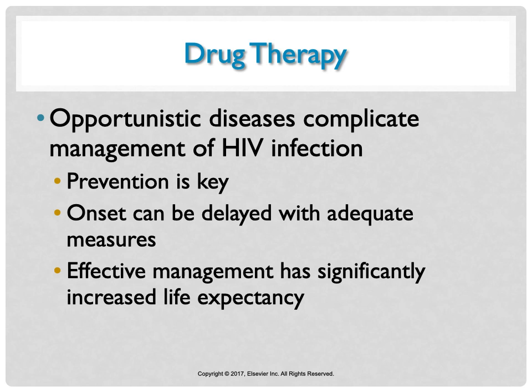The opportunistic diseases complicate the management of HIV, and so we want to make sure that we prevent them rather than having to treat them. The number of opportunistic diseases associated with HIV can be delayed or prevented with adequate antiretroviral therapy.